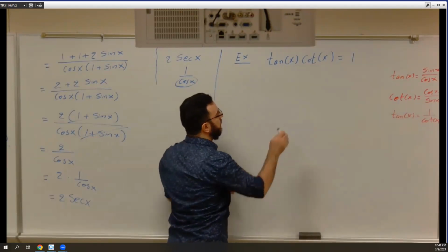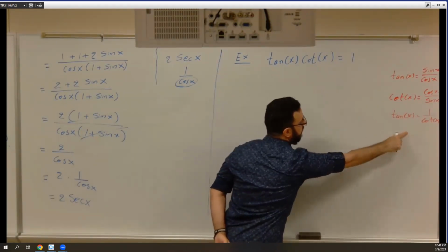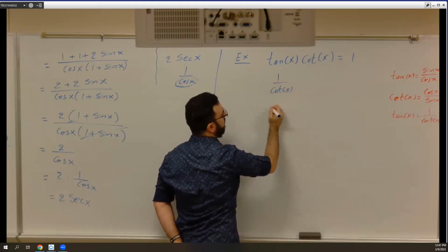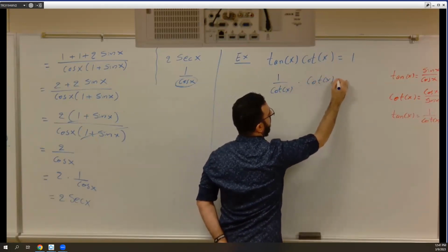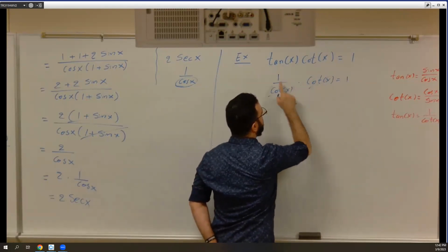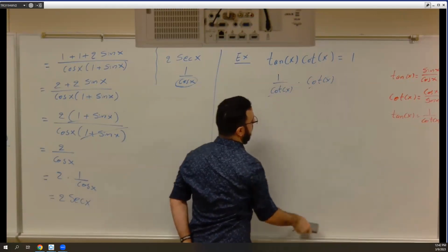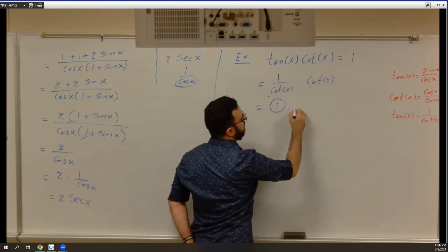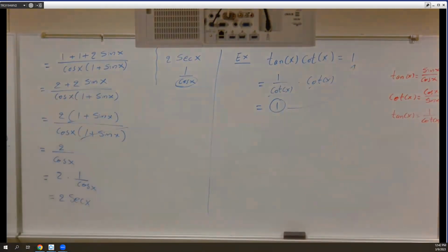That means you said, instead of tangent, I'm going to put 1 over cotangent x times, I'm going to keep this one, equal 1. I cancel these. Is 1 equal 1? Did I get the second side? That's my goal. My goal is to get the right side. Is that hard?